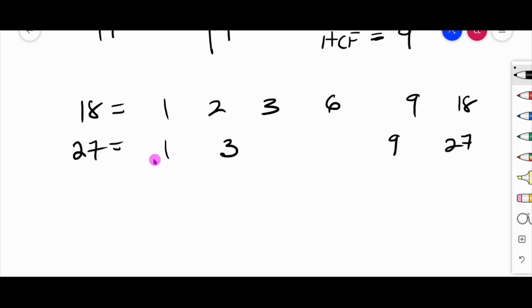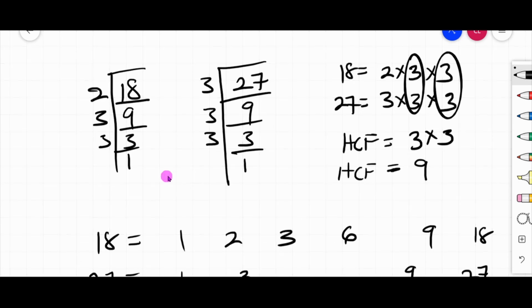Okay, so let's look at the common factors here, being 1, 3 and 9, and the highest common factor in this case would be 9. So again, this method is listing, and the other method here is using prime factorization.